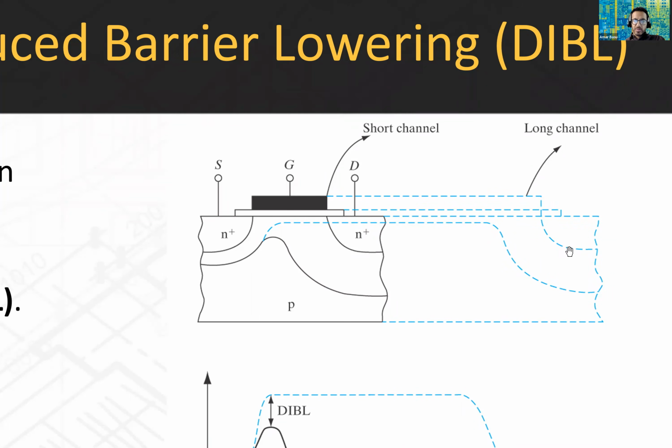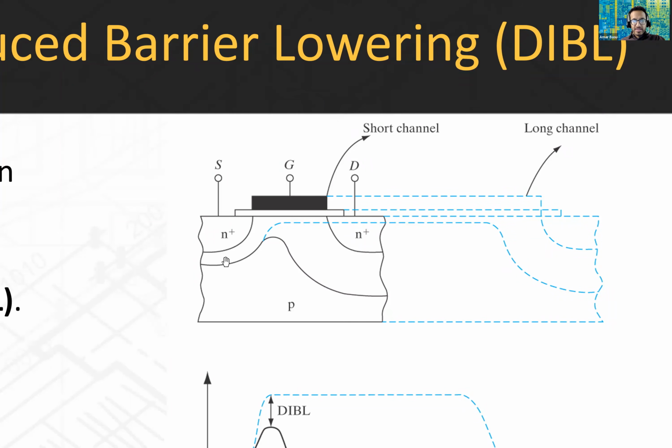The problem that happens when you make your devices really short is that they start to overlap. You see here you had a depletion region, here you had a depletion region. If the length of the transistor becomes similar to the depletion widths, then you get something that looks like this, where the depletion regions actually start to overlap with each other.